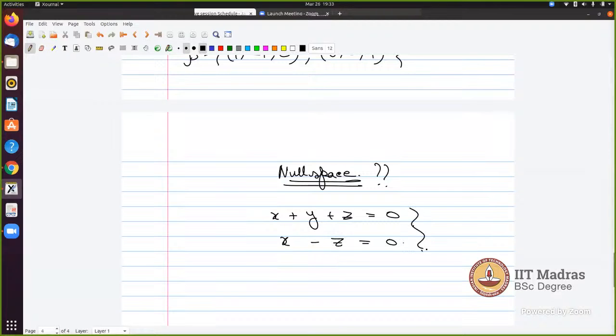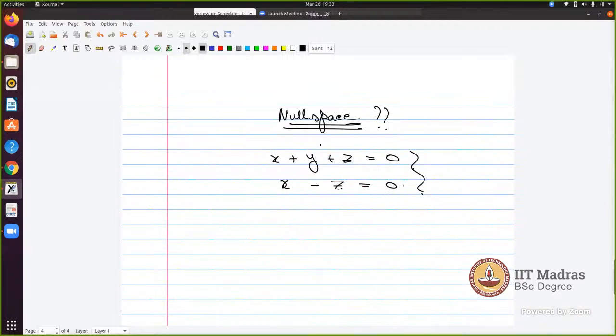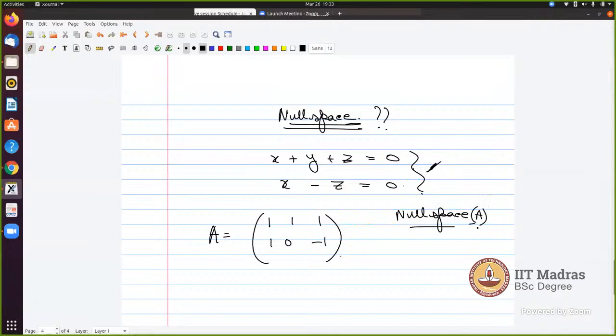These are my two equations. If I take this matrix A, then the solution space of this is the null space of A. Is this clear at least? Yes, sir.